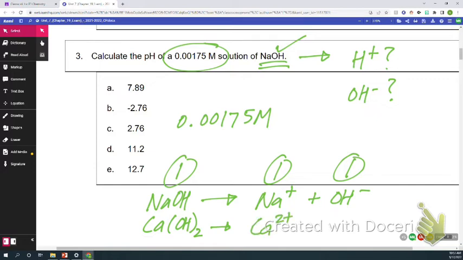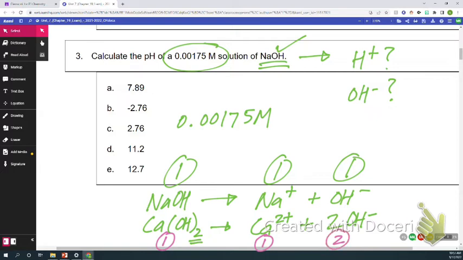It's going to get Ca2 plus, but I want you to notice this. You see how there's a 2 outside the OH? That's going to actually make 2 OH minuses. So really tricky. For one of these, you get one of these, but you get 2 of these.